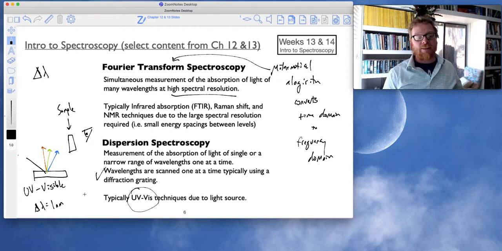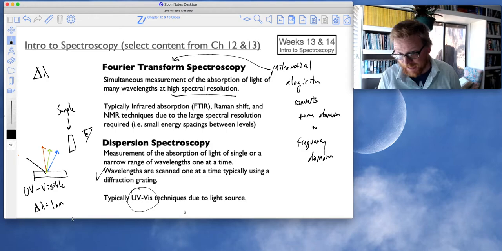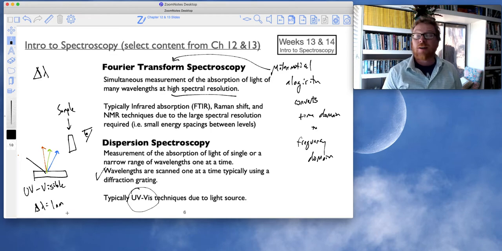So for example, I could see a 532 nanometer photon, then I could see a 533 nanometer photon, then a 534. Well, as it turns out, that 1 nanometer, which might sound small at first, is actually humongous in terms of vibrations or rotations.